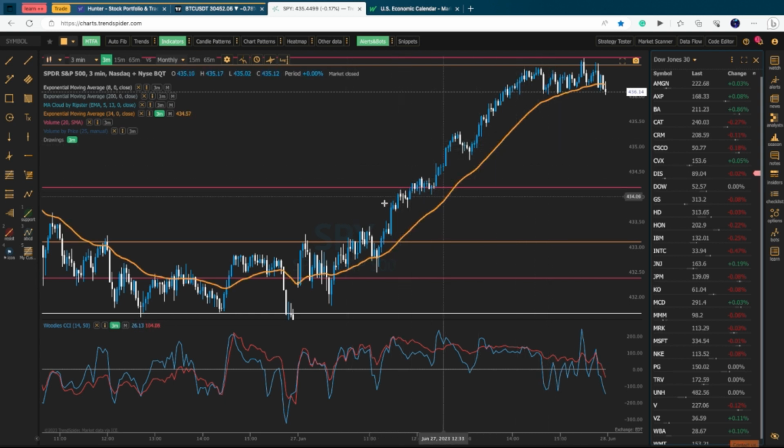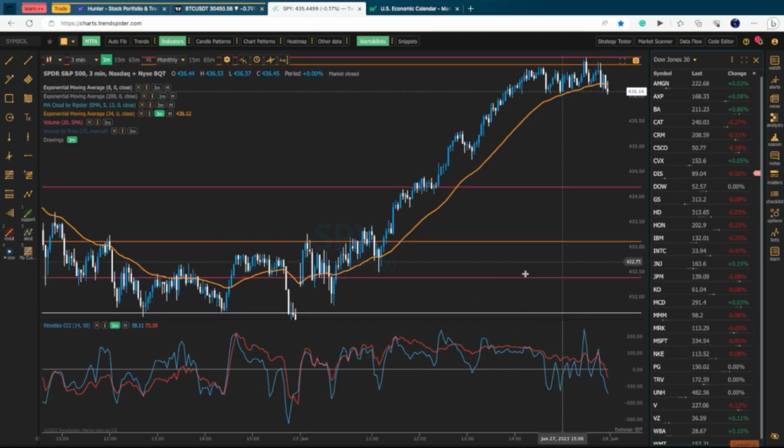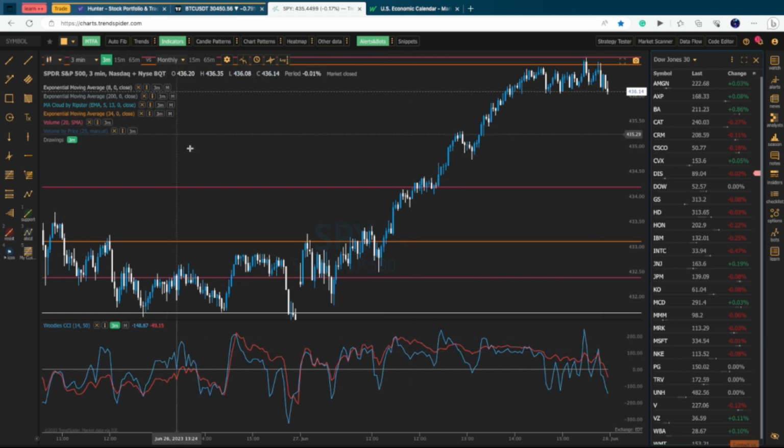But the main reason for me that I like this EMA is a longer time frame EMA, and we'll be looking for confluence with this EMA on various time frames. So if we see something that's good on the 3 minute and the 15 minute, that's where we'll look for that entry, and we'll use the CCI, this Woody CCI, for possible tips and entries. So I'll cover how to read that. But yeah, those are the EMAs.